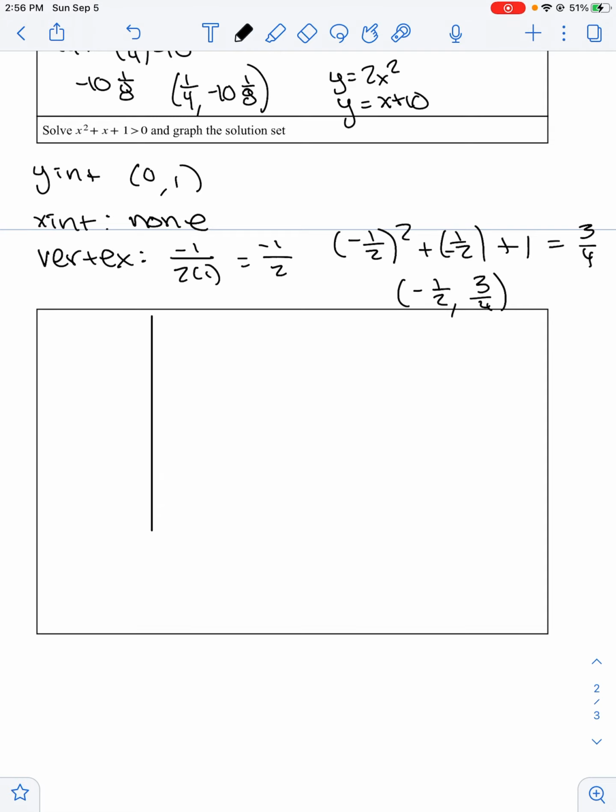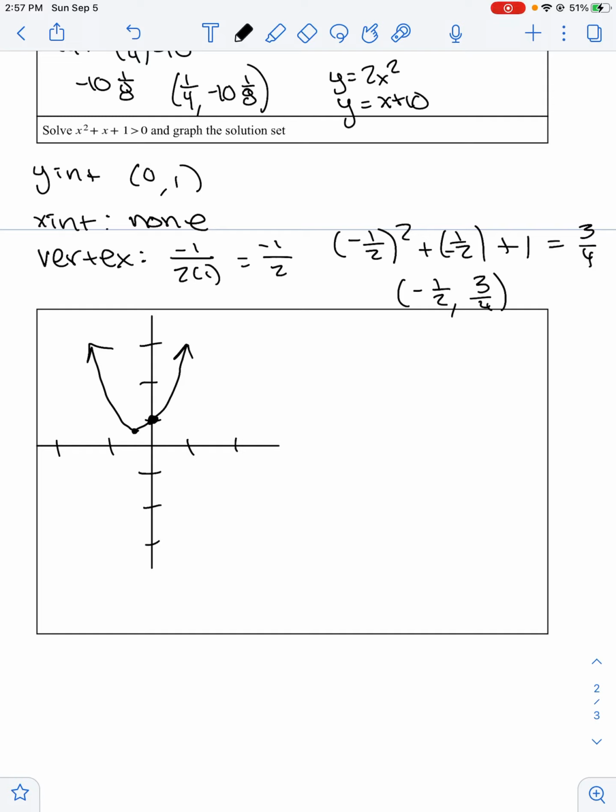And we're going to graph this. So we have our y-intercept of 0, 1, and then our vertex, we know it opens up, so I'm going to do some symmetry. And since there is no intercept, the function is just greater than 0 because it's never below the x-axis.